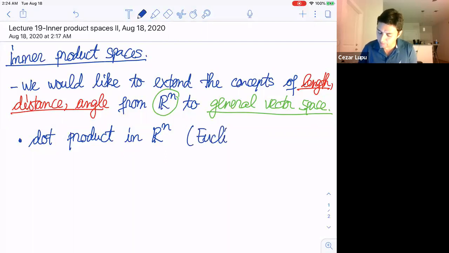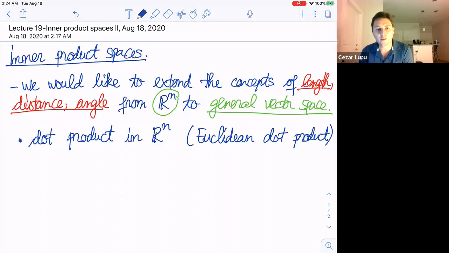Let's call it like this. And we have seen the properties of this. Well, basically, it's just one of many other dot products that can be defined on Rn. And now we would like to define another product, which we'll call the inner product.